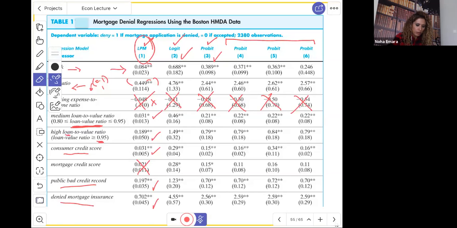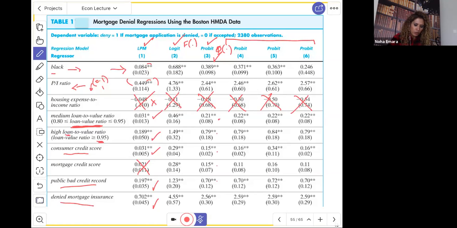Logit and probit, it's not that easy, because with the logit and the probit models, I need to plug these values into either the logistic function or the cumulative distribution function and do that change in order to be able to analyze these numbers, okay?